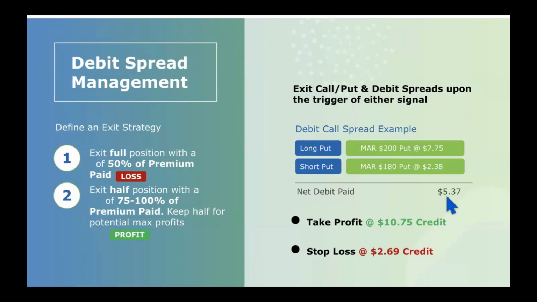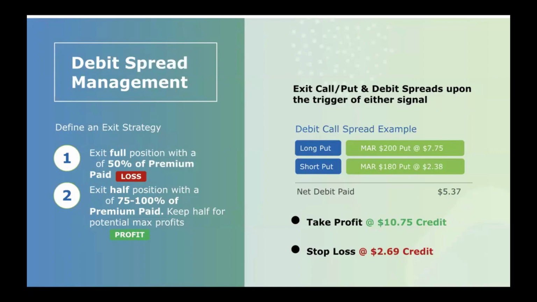So if we put this on for $5.37, and you multiply that by 0.5, or cut it in half, that means our stop loss, where we'd want to get out, is if we saw this spread trading for a net credit of $2.69. If 50% of the premium comes off, I want to get out of the trade.